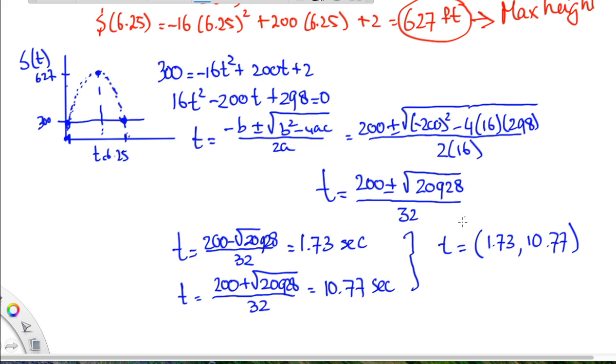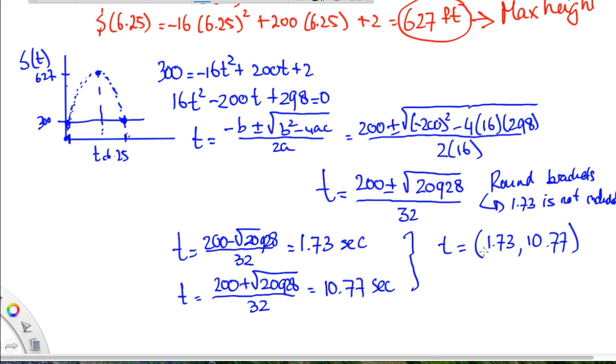Now the round brackets here mean, again, that the 1.73 is not included, right? Okay, so it's the first time after 1.73.